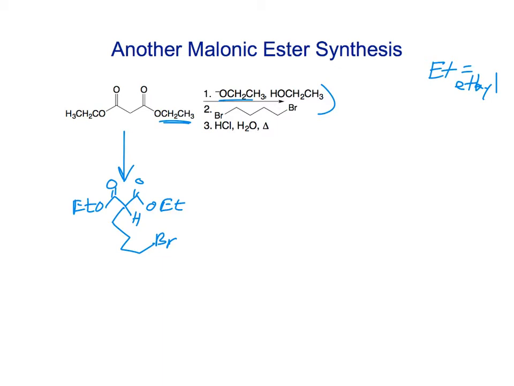Okay? So now we're going to do the same reaction again. What's going to happen then? What kind of compound are we going to get? We're going to get a cyclic compound. What size of ring are we going to get?